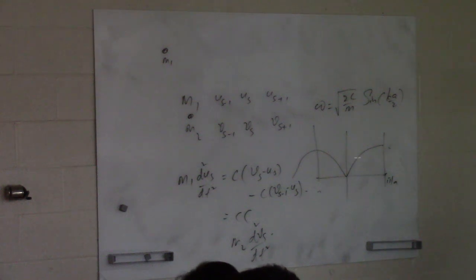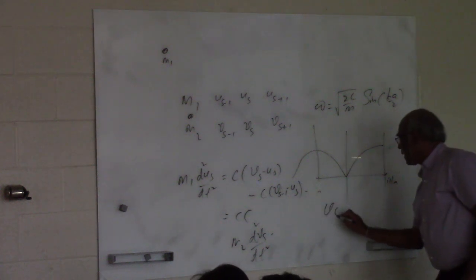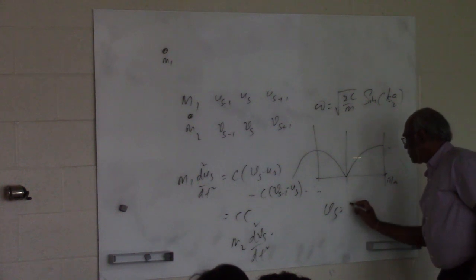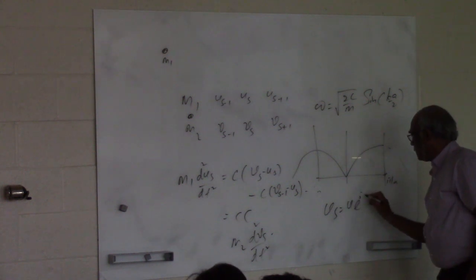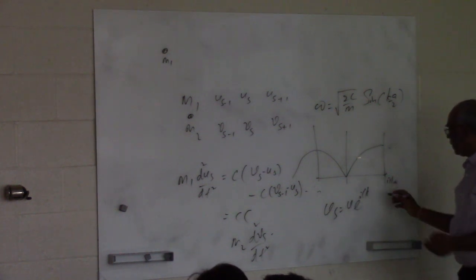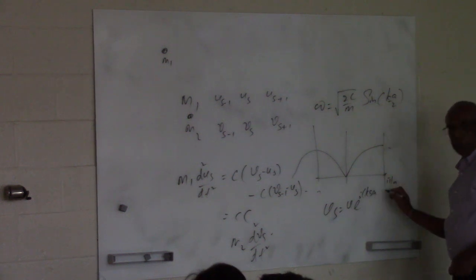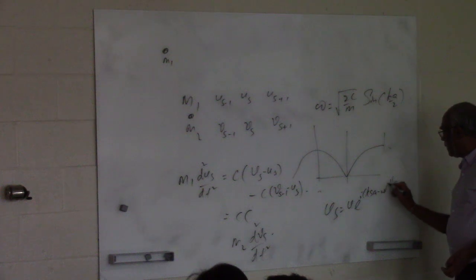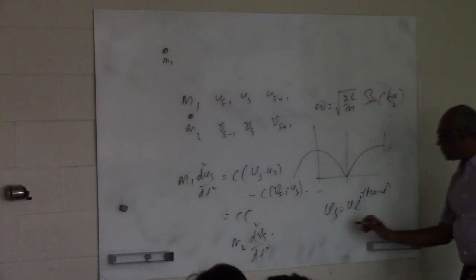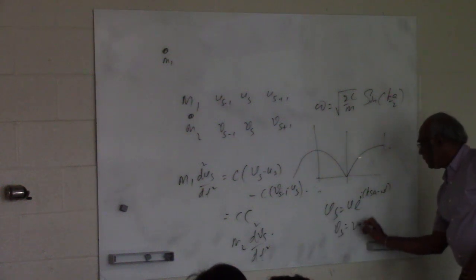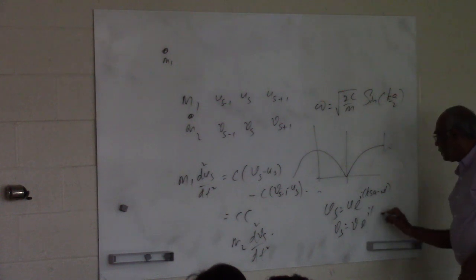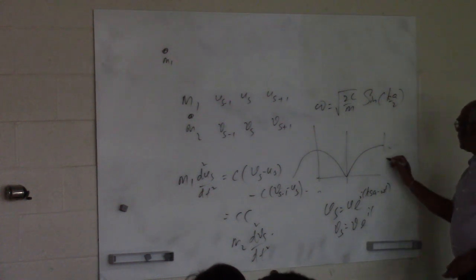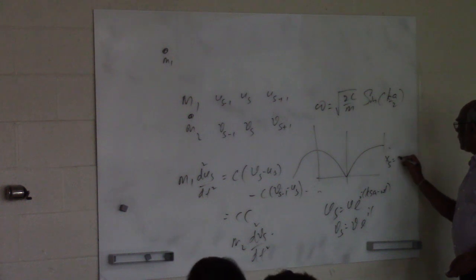But in this case, you can write your Us as some exponential, say U times e to the i(kSa minus omega t), right? Vs you can write as V times e to the i(kSa minus omega t).